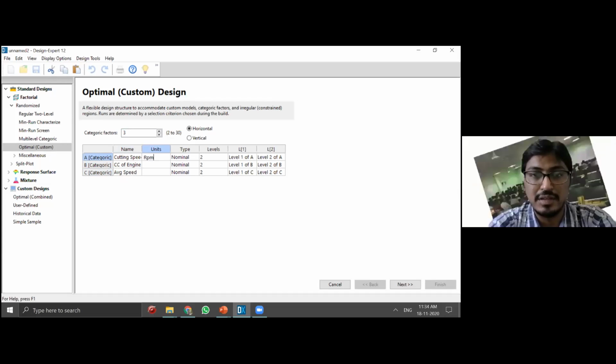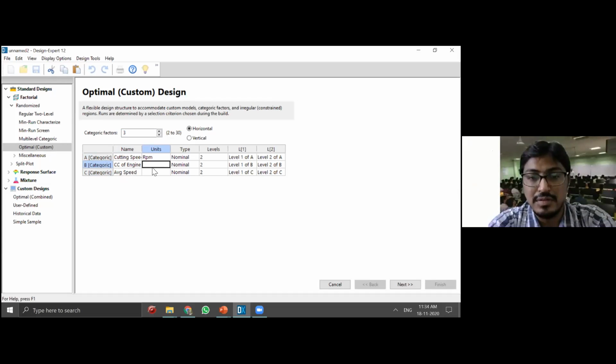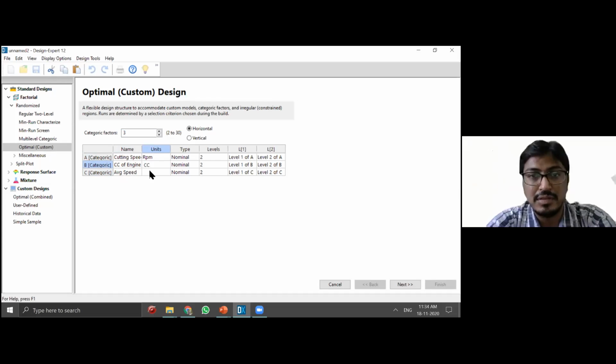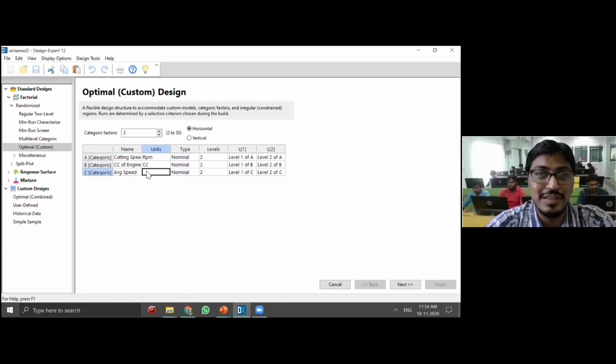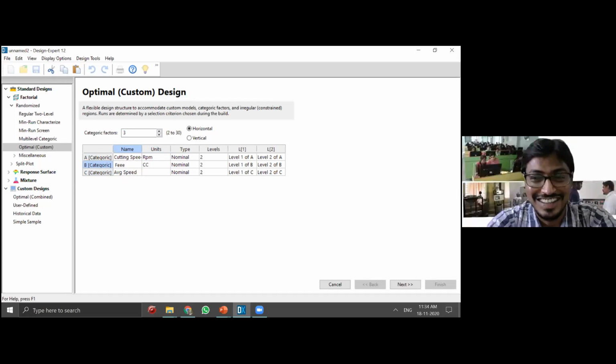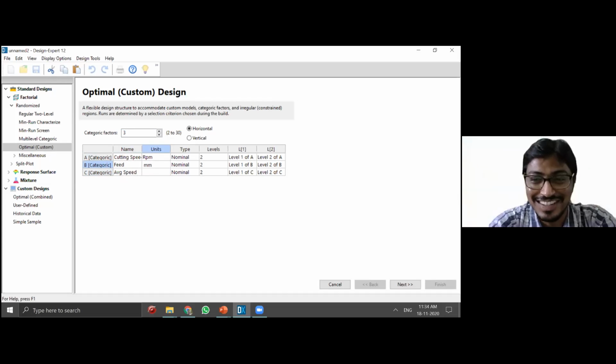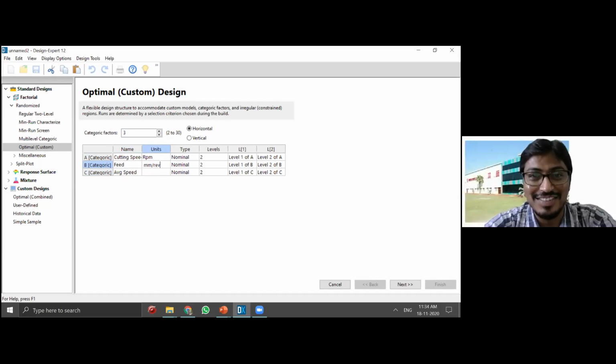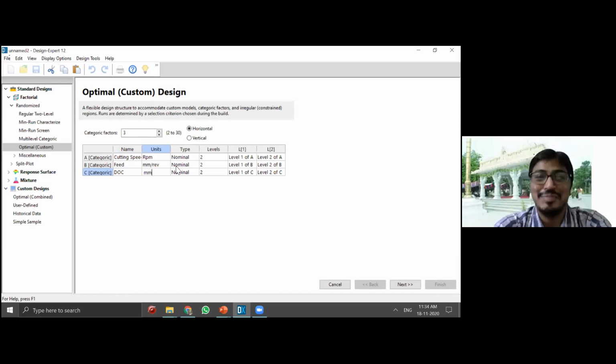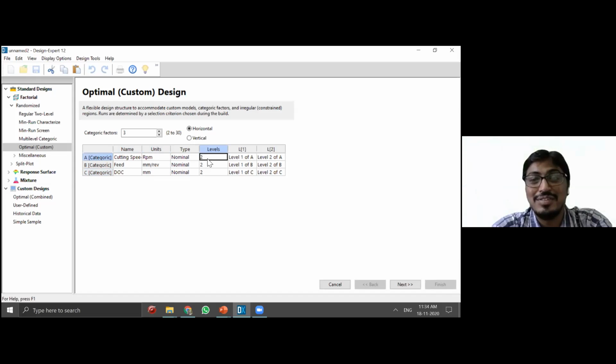This, I think, is in RPM. Feed is in millimeter per revolution, and this is depth of cut in millimeters. Now, as I told you, it is 3 levels.